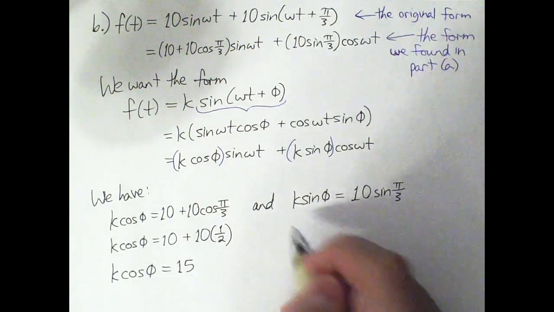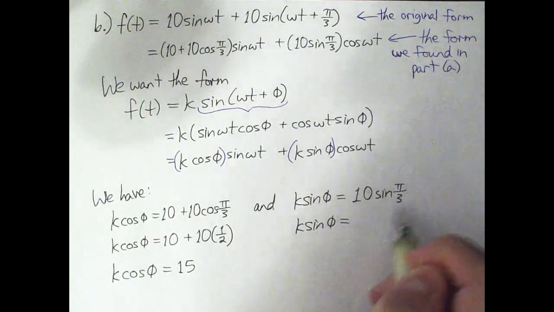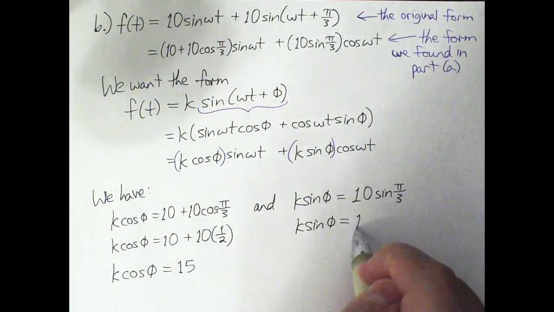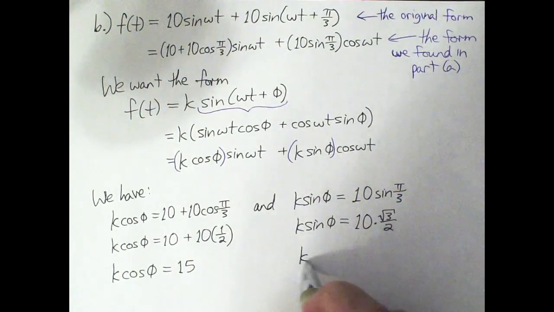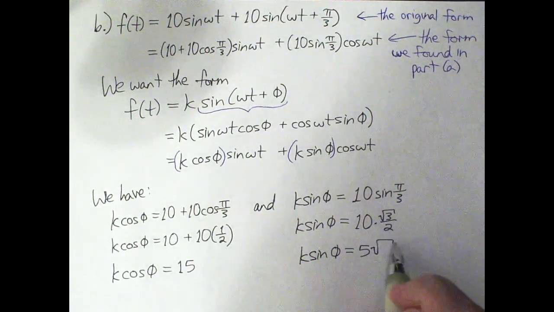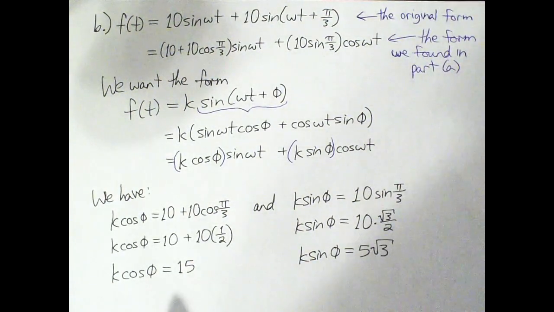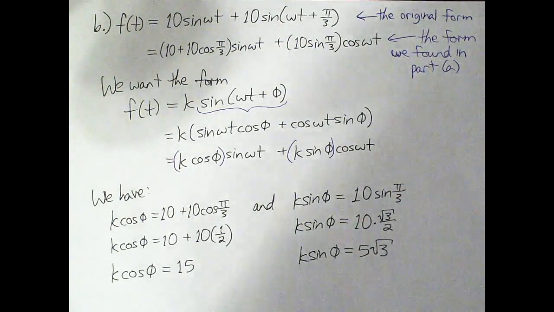Let's do the other one. k sine phi equals sine of pi over 3, which is square root of 3 over 2. So we get k sine phi equals 5 square root of 3. Two equations with two unknowns, and they're in a simpler form than they were a minute ago.